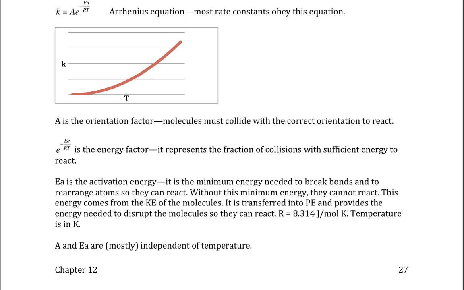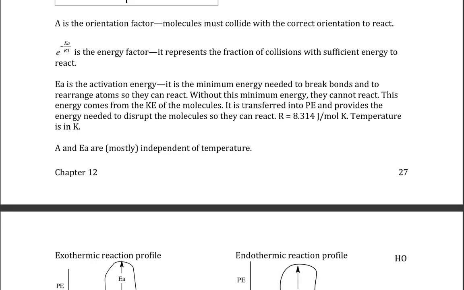It is transferred into potential energy and provides the energy needed to disrupt the molecules so they can react, allowing their bonds to start breaking so new ones can form. In our equation, R is the universal gas constant. We're working with energy, so we have the value R equals 8.314 joules per mole Kelvin, and the temperature is in Kelvin. A and EA are mostly independent of temperature.